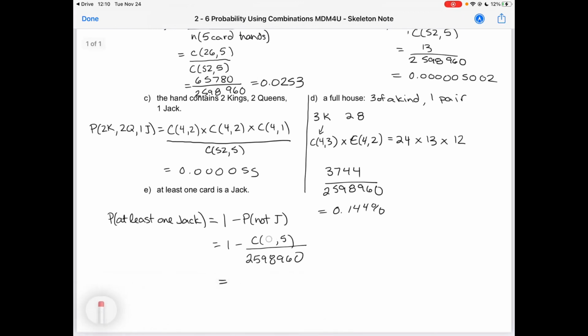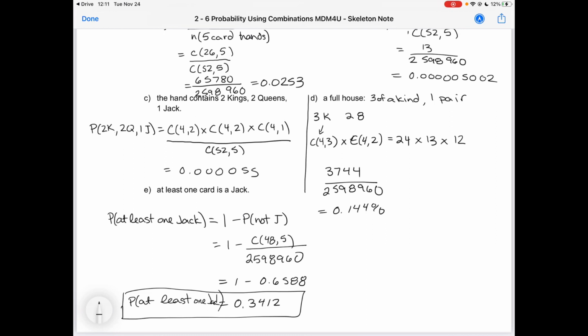Oh, I guess I should take out all 4 jacks. So this would be 48 choose 5. So I'm only choosing from the rest of the cards. So 48 choose 5, and then I'm going to divide by my possible number of 5-card hands. And then I would do 1 take away that answer, which gives me about a 34% chance that my hand is going to have at least 1 jack.